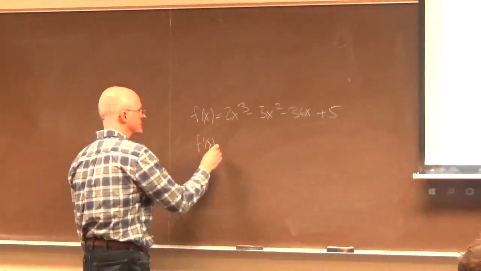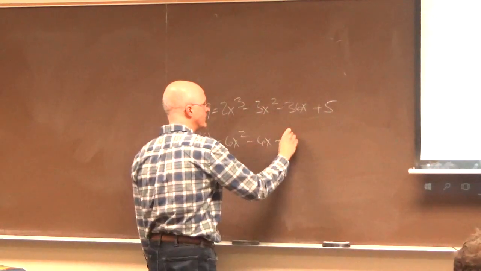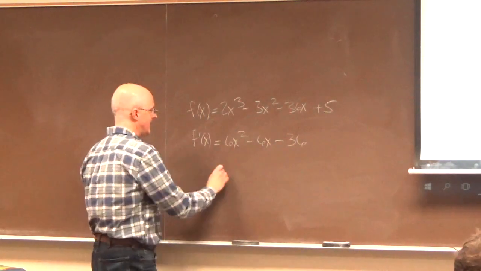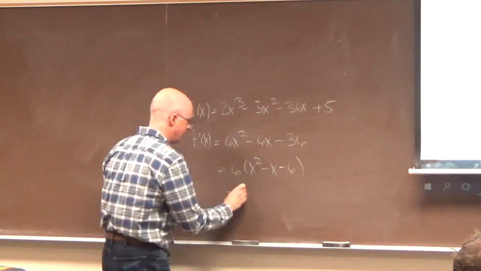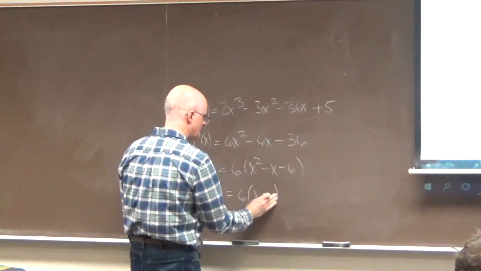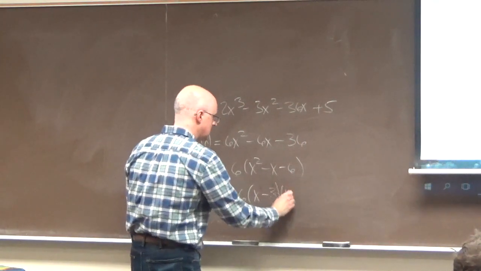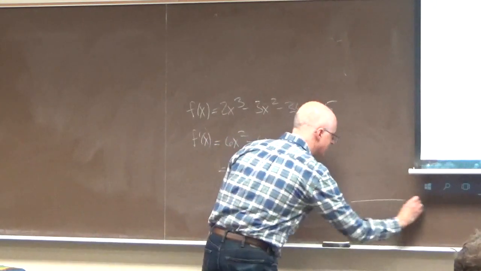Maybe it'll be more like what you see here. Here is the derivative. And yeah, I factored this for you on your exam, to give you critical points at -2 and 3.